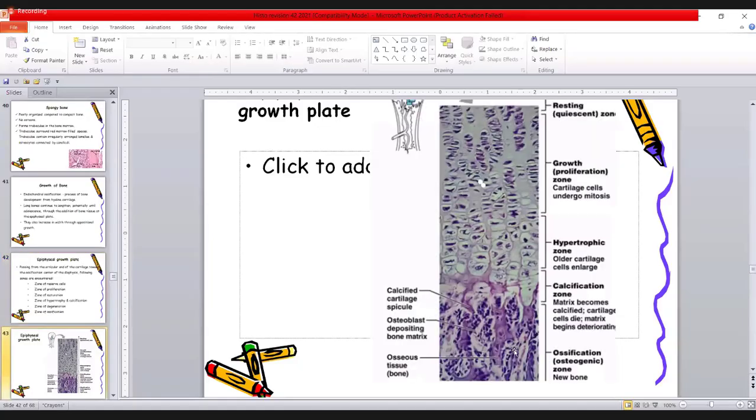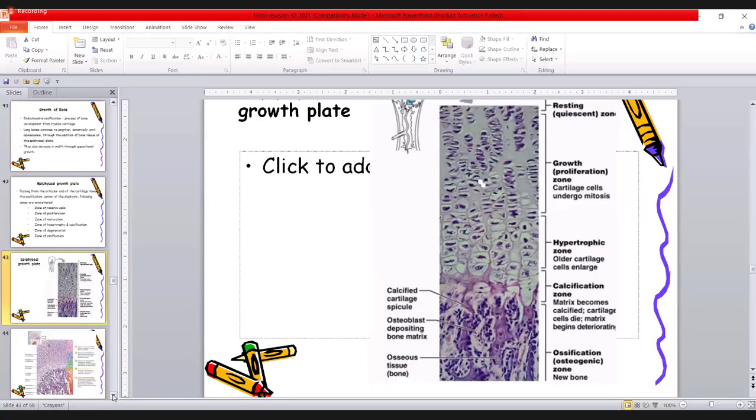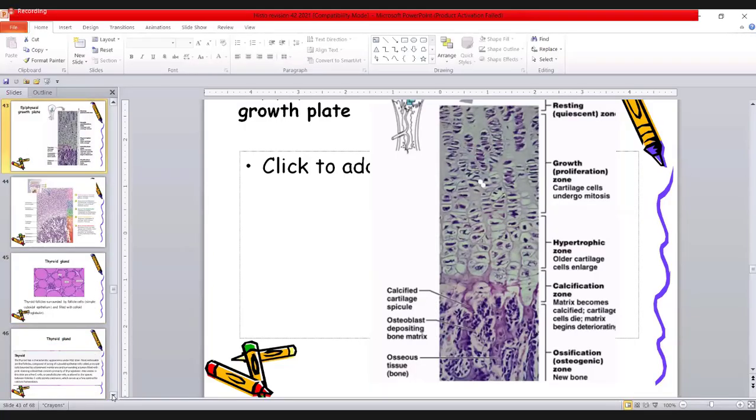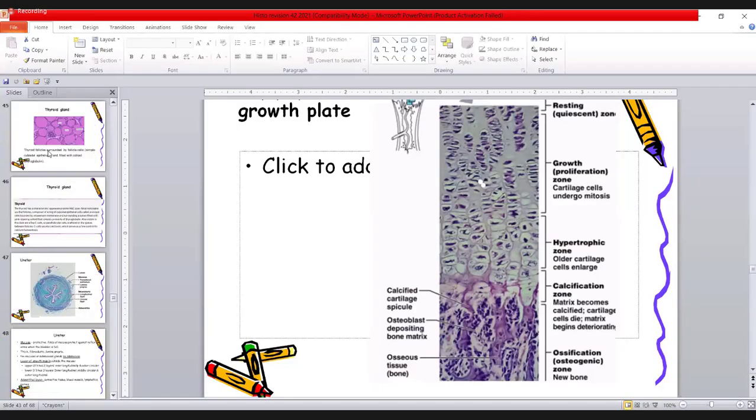You have to draw this diagram and describe each of these cell layers: the reserve cell layer, the zone of proliferation, the layer of hypertrophy, then calcification and the osteogenic zone, and the different qualities of these cell layers. Right. Next.